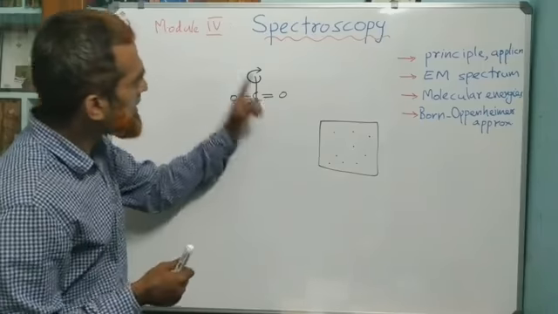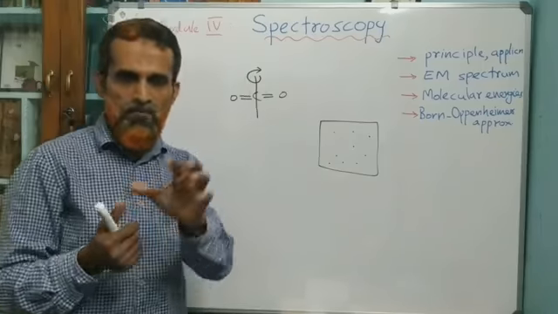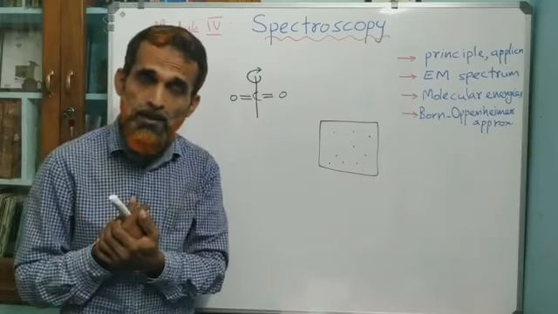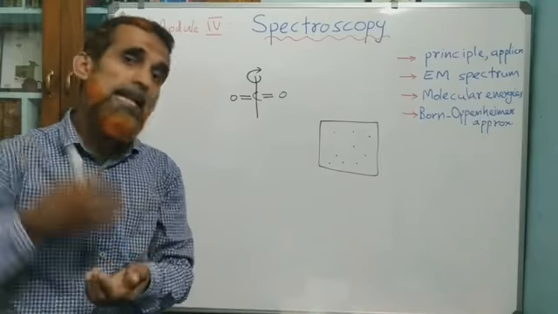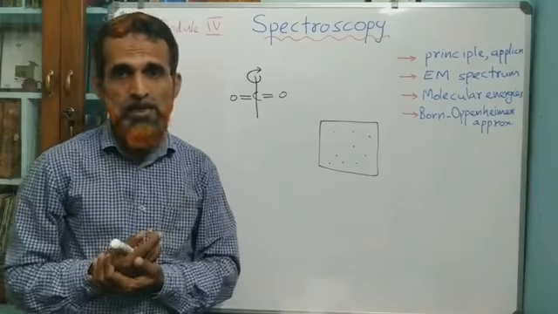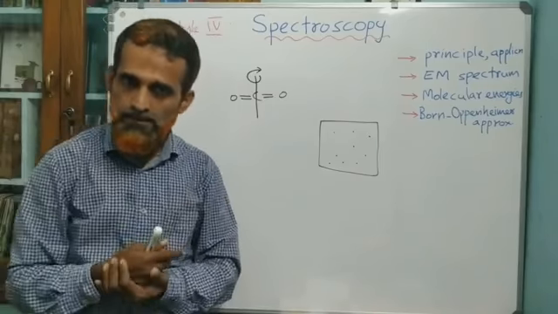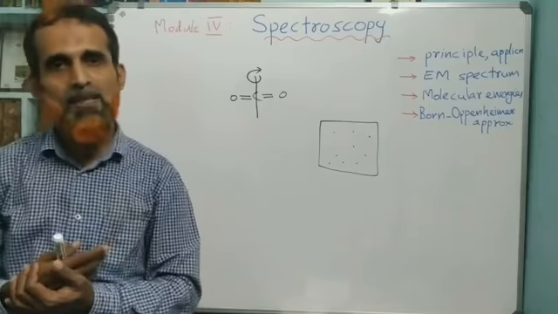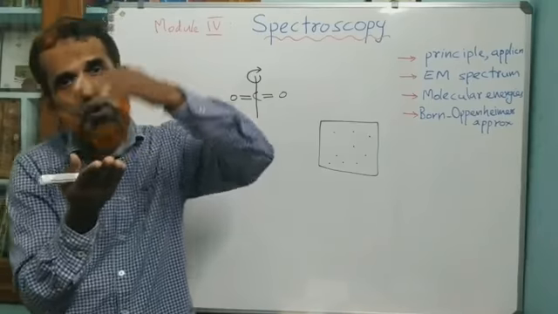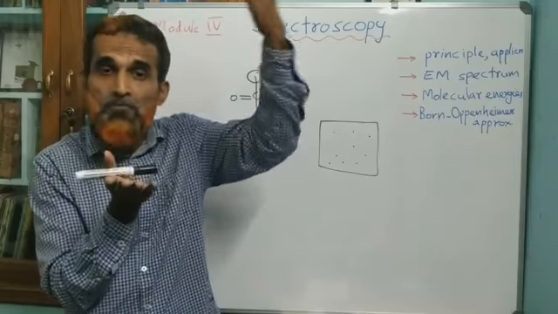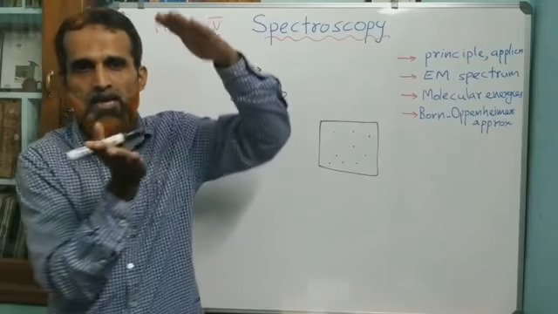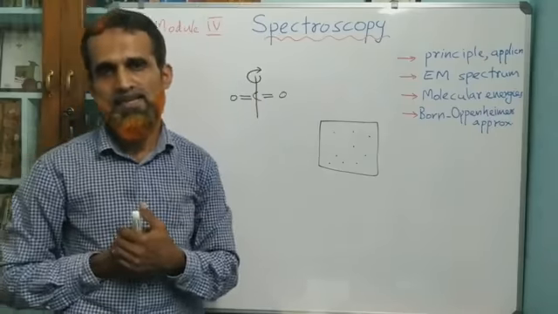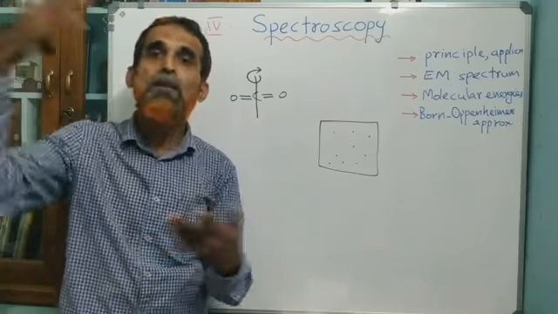So during transition, during spectroscopy, when we allow a radiation to fall on a molecule, the change in energy can be different. That means its vibrational energy can change, its rotational energy can change, its electronic energy can change. That means transition of the molecule can take place between different types of energy levels, like vibrational transition, rotational transition, electronic transition, the magnitude of which will be different.